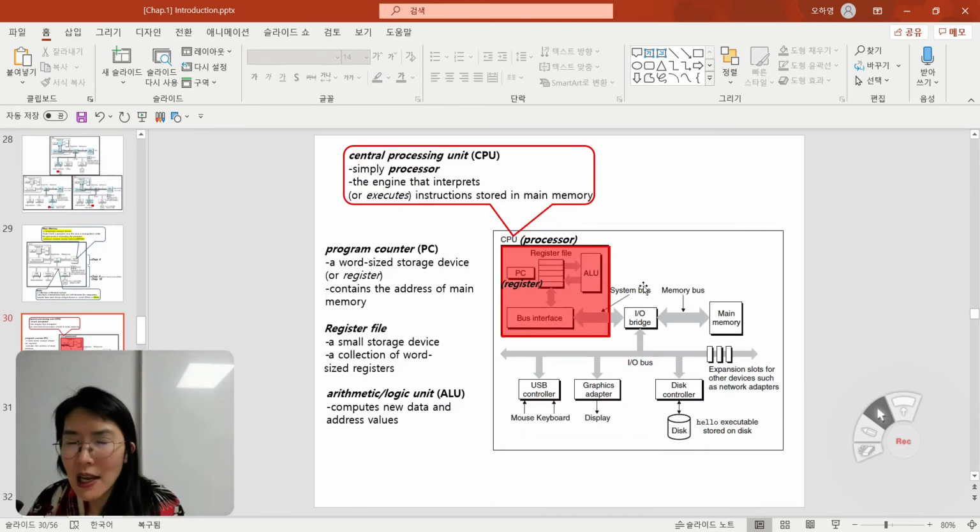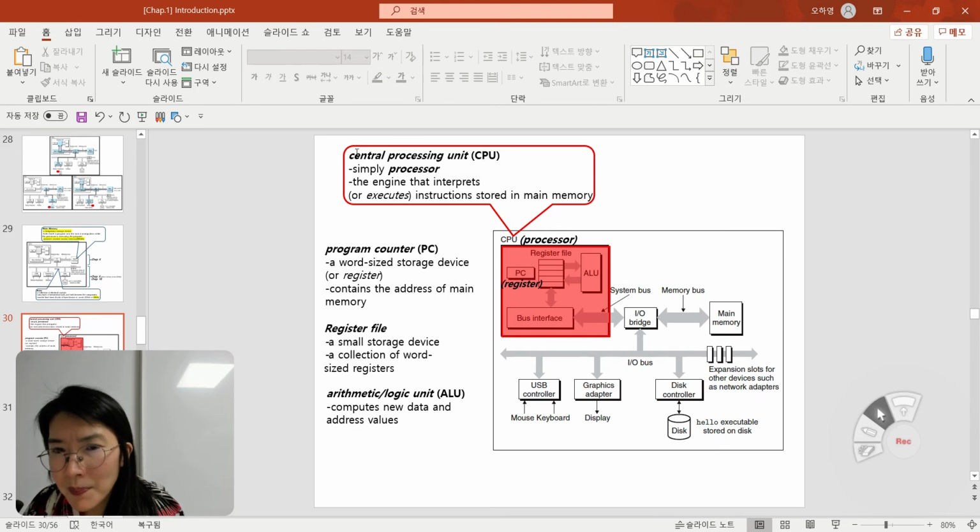Okay, please take a picture of this slide too, for your own understanding. So what is the abbreviation? The central processing unit, that is CPU.